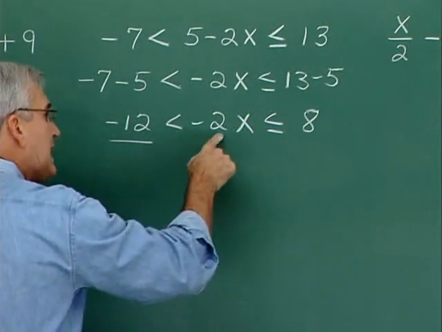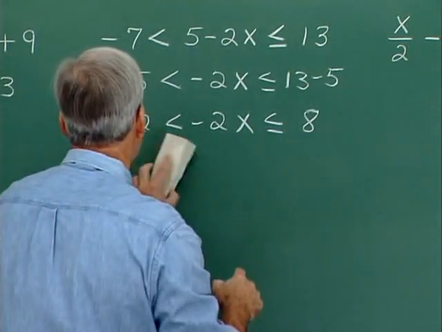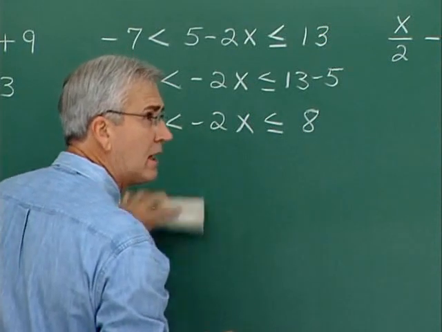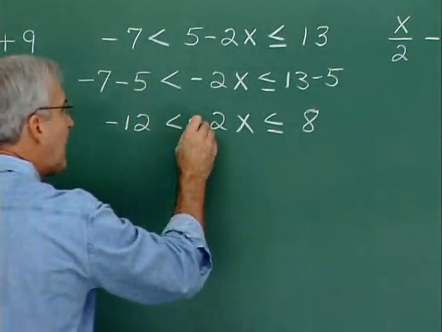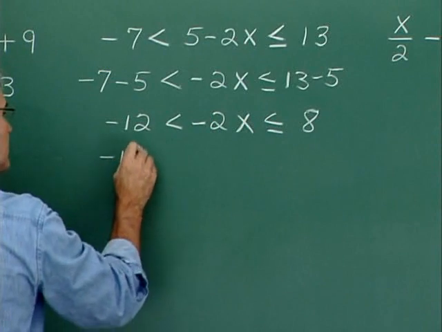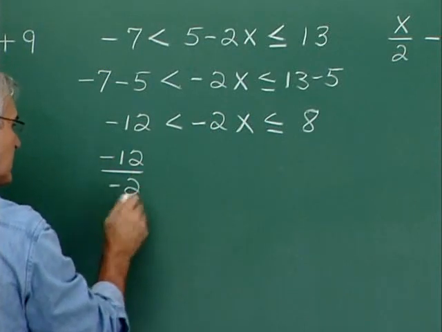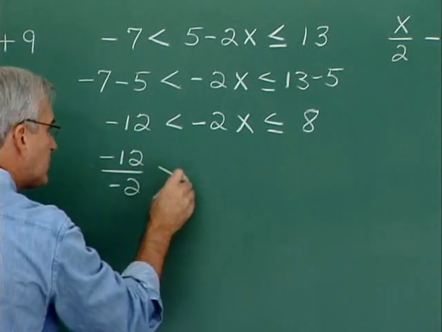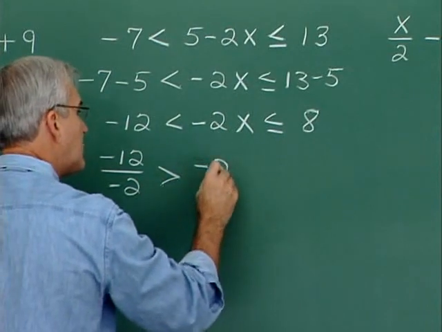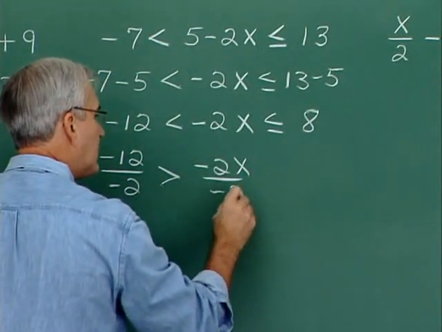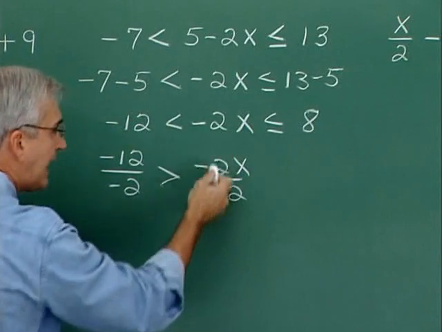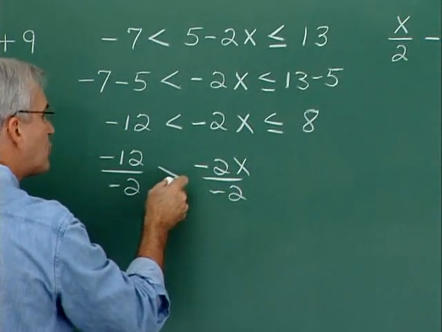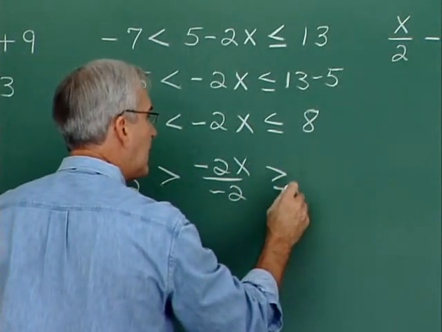We're dividing by a negative. So maybe we better not take that little shortcut. Since we're dividing by a negative, we need to do this. We're dividing by -2, so the sense of the inequality needs to change. So we should write a step that indicates the division of -2 and the change of the sense of the inequality.